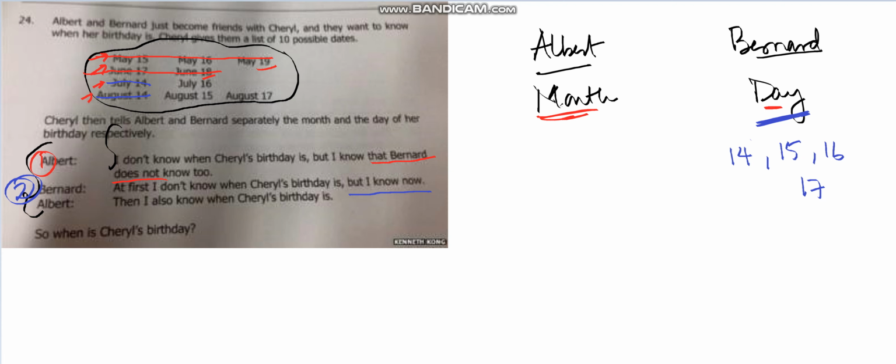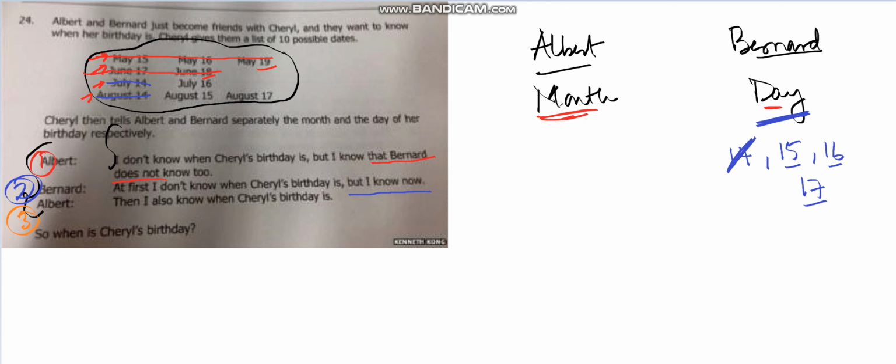So Bernard knows which number it is. We now know that it's either July 16th, August 15th, or August 17th. So just from 2 statements, we've taken out 7 answers out of 10.